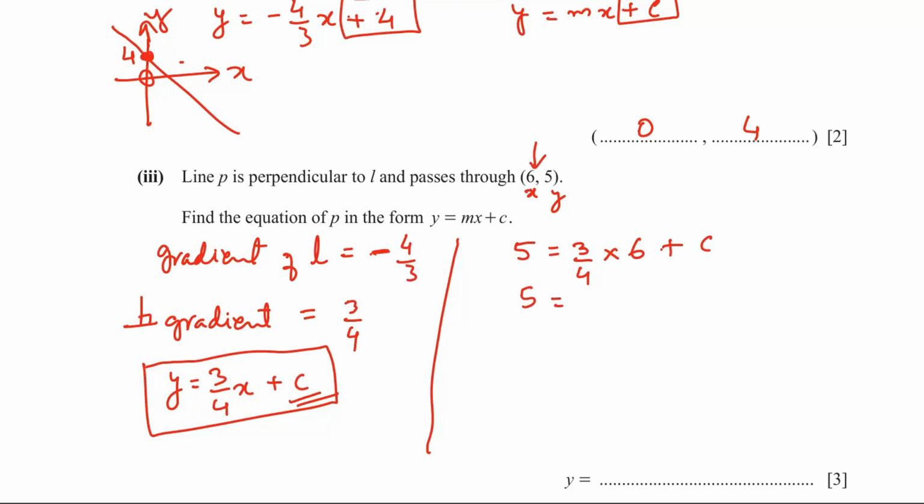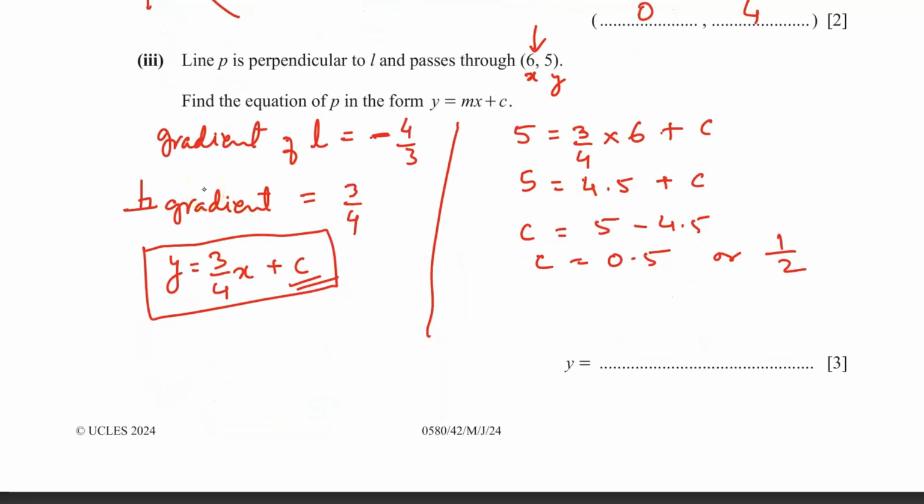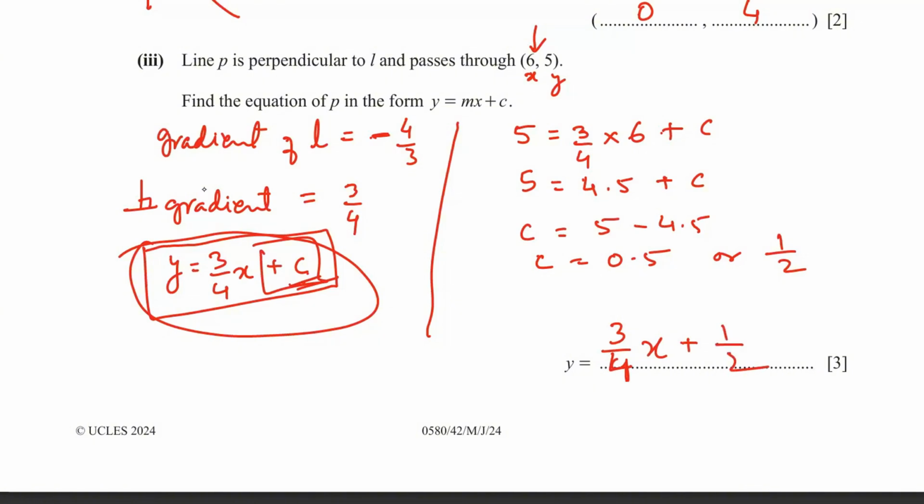So 5 is equal to 3/4 of 6, which is 4.5, plus c. Subtract 4.5 from both sides, and c is equal to 5 minus 4.5, so c equals 0.5, or you can write that as half. Now we have found the y-intercept, which is half. The equation is y equals 3/4 x plus half.